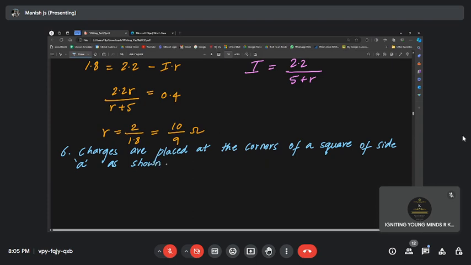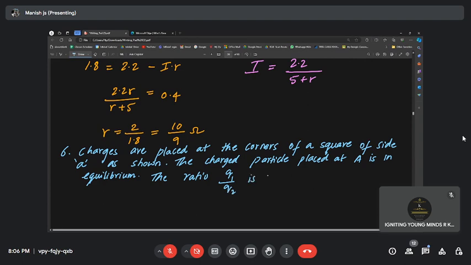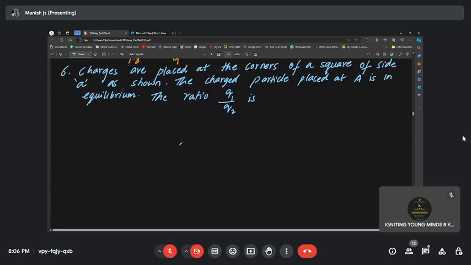The charged particle placed at A is in equilibrium. The ratio Q1 upon Q2 is, okay, first I'll draw the figure and then I'll give you the options.